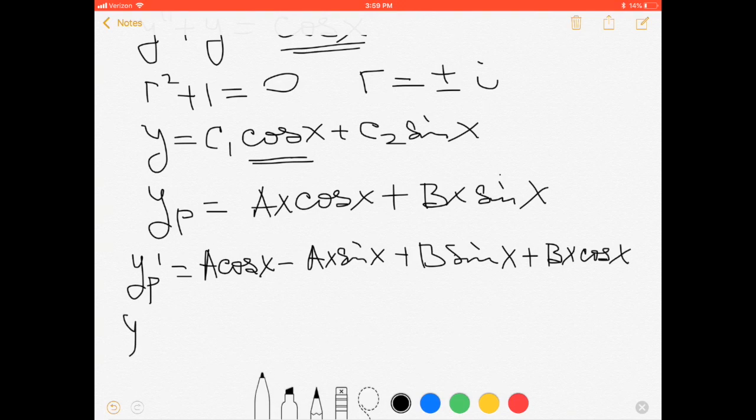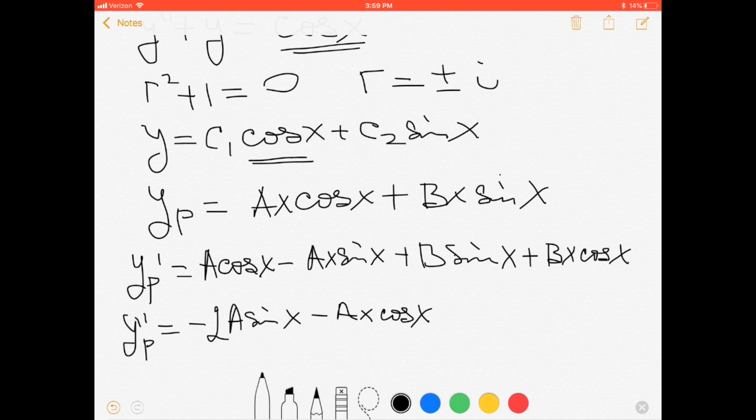Find the second derivative. The derivative of a cosine x will be minus a sine x. Use the product rule for the second term. You get minus a sine x. This means I can write twice here. And minus ax cosine x.